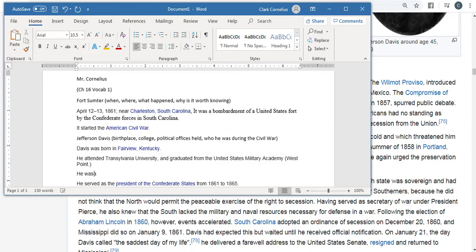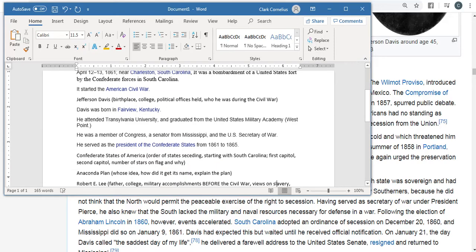He was a member of Congress, a senator from Mississippi, and the U.S. Secretary of War. And that's it.